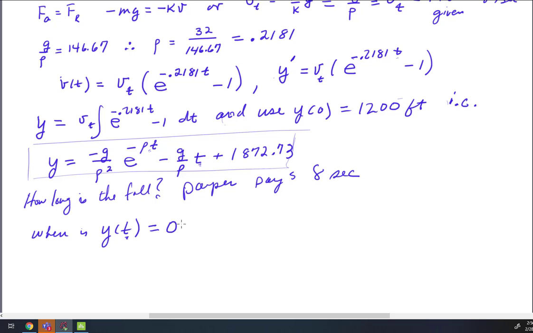I don't think I'm going to write that out again. Maybe I will. So 0 equals negative g over rho squared, we know what that is, e to the negative rho t, minus g over rho t, plus 1872.73.